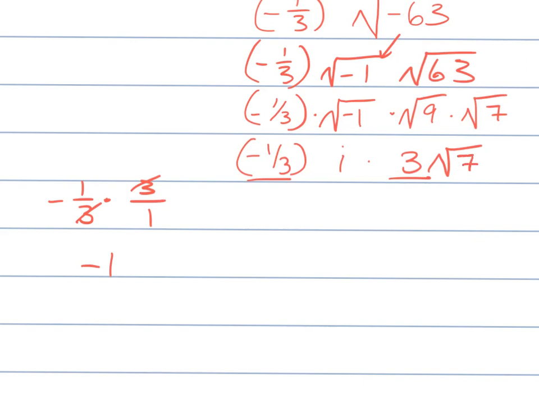There we go. So we get negative 1 times i times the square root of 7. Well, negative 1 times i just becomes negative i square root of 7. You don't need that 1 out front, just like we wouldn't do negative 1x. We're not going to do negative 1i. We're going to have just negative i square root of 7.